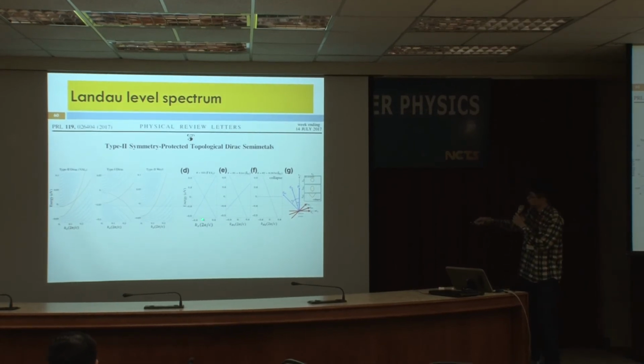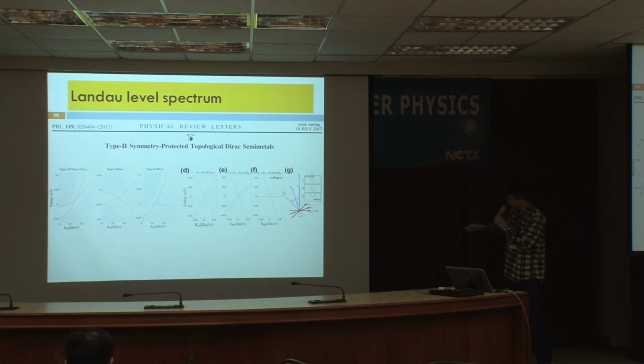If we apply the magnetic field along this direction, the Fermi surface is a closed loop. Now if we tilt the magnetic field like this, the Fermi surface will distort.